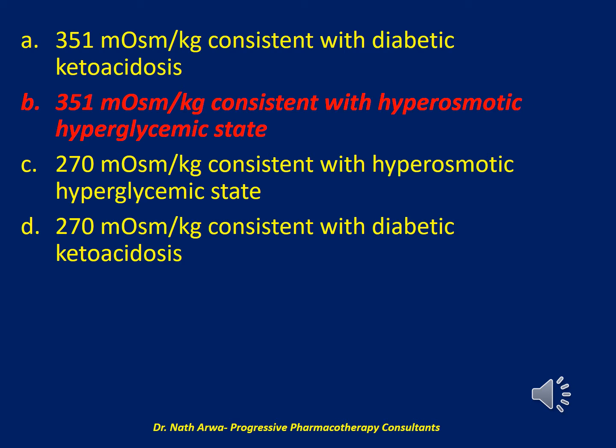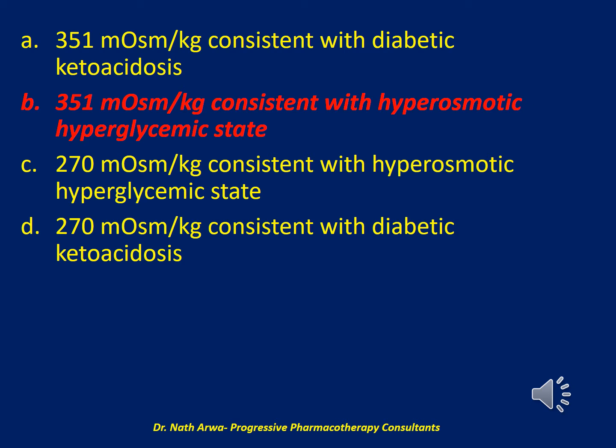This amounts to 2 multiplied by 149 plus 950 divided by 18. It is not 270 milliosmoles per kilogram. An effective serum osmolality greater than 320 milliosmoles per kilogram is one of the features of hyperosmotic hyperglycemic state, abbreviated as HHS.